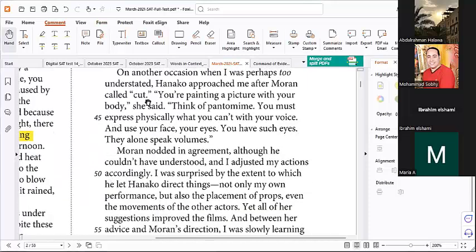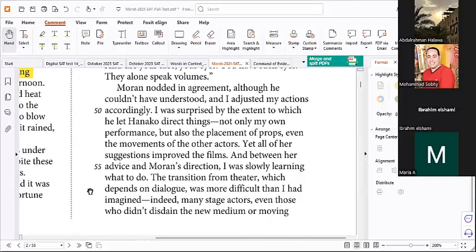Express physically what you can't with your voice, and use your face, your eyes. You have such eyes, they alone speak volumes. Moran added in agreement, although he couldn't have understood, and I adjusted my actions accordingly. I was surprised by the extent to which he let Hanako direct things, not only my own performance, but also the placement of props, even the movement of the other actors.